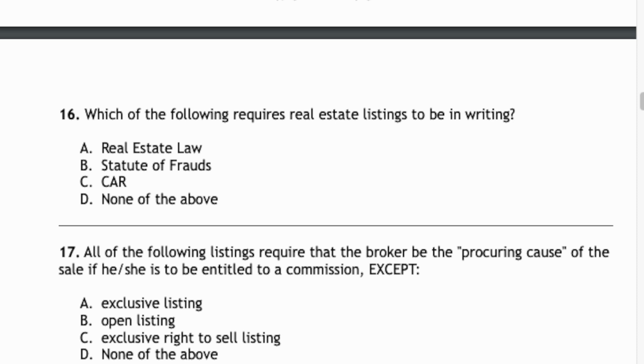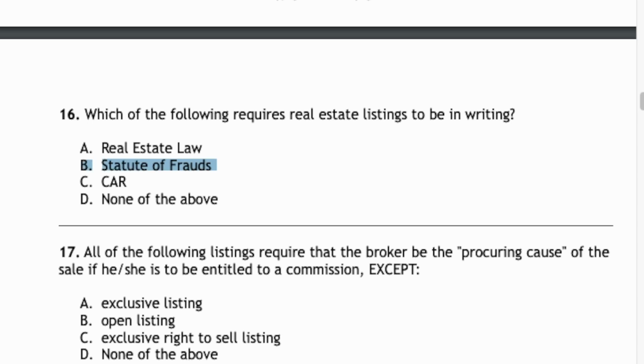The answer, and the question's a little confusing, it should be which of the following laws or which of the following states that real estate listings need to be in writing. And the answer is B, statute of frauds.